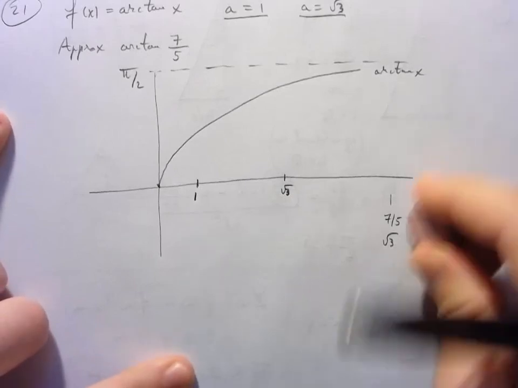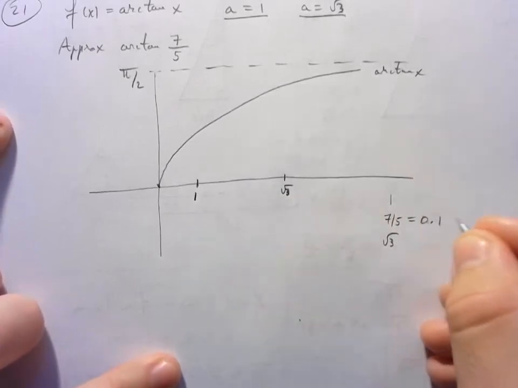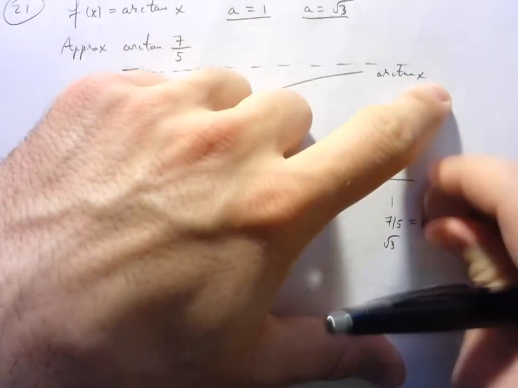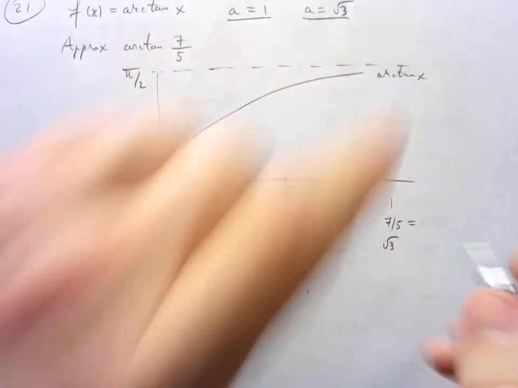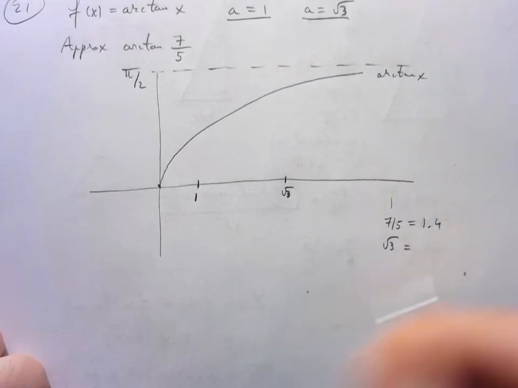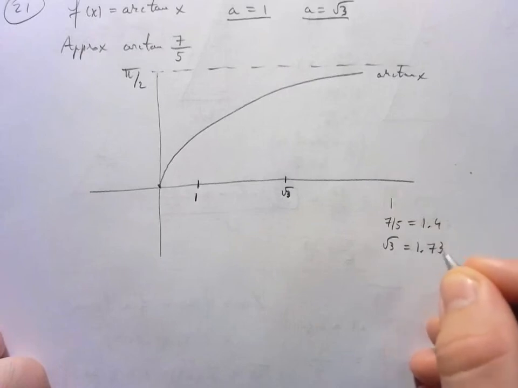Not 1.3, my bad. Oh no, I'm doing this wrong on the calculator here, 1 second. 7/5 is 1.4. I don't know how that happened. Okay, 1.4, root 3 is 1.73.